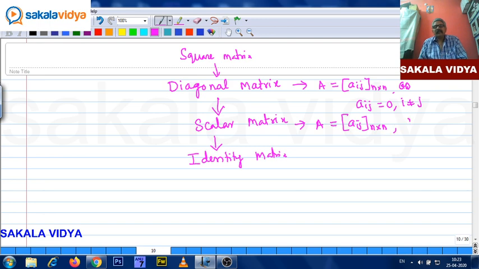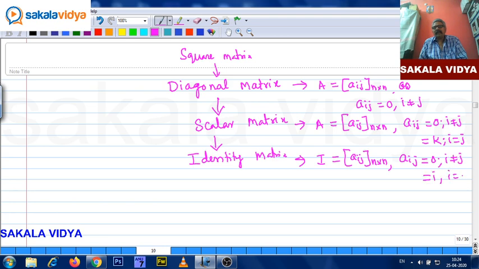So now Aij equals 0 when i does not equal j, and equals some constant when i is equal to j. Now the identity matrix I is equal to Aij, where Aij equals 0 when i does not equal j, and equals 1 when i is equal to j.